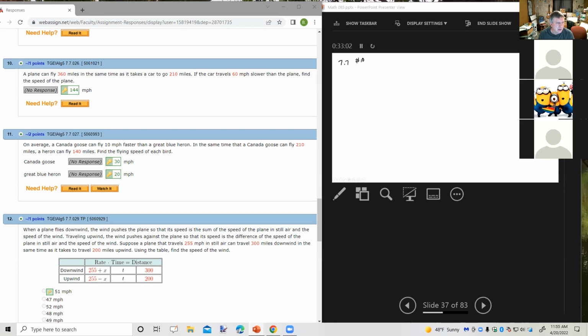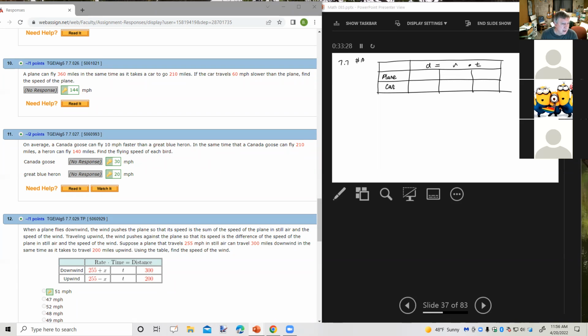A plane can fly 360 miles in the same time it takes a car to go 210 miles. If the car travels 60 miles per hour slower than the plane, find the speed of the plane. So this is a distance, rate, time problem. So we've got plane, car.